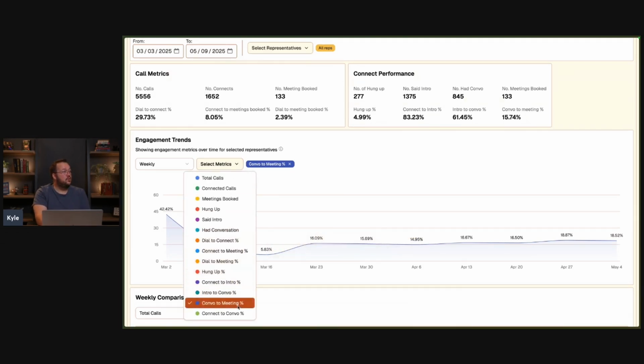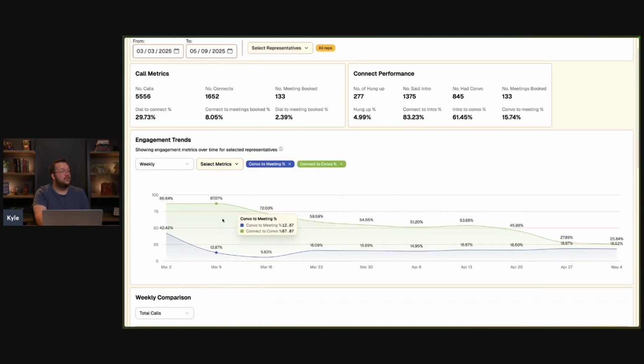Another thing you might do is you might go, hey, what's our connect to conversation percentage? So of the connects that we have, which our connect rate is 29% or 30%, let's call it. What's the connect to meeting? So we connect to actually getting the meeting done. And you can see pretty high here, and then you can play around with the numbers.